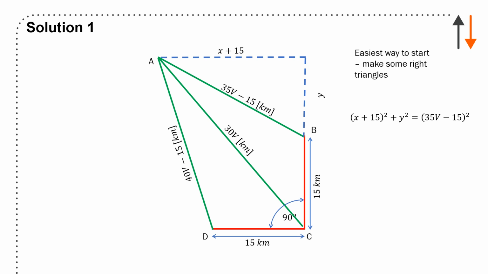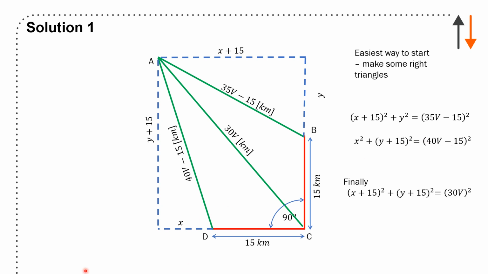You have x plus 15, y, so (x plus 15) squared plus y squared equals (35V minus 15) squared. Then you have x, y plus 15, and that distance is equal to 40V minus 15. So again, squares: x squared plus (y plus 15) squared equals (40V minus 15) squared.